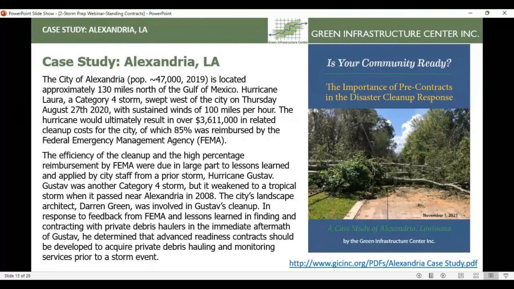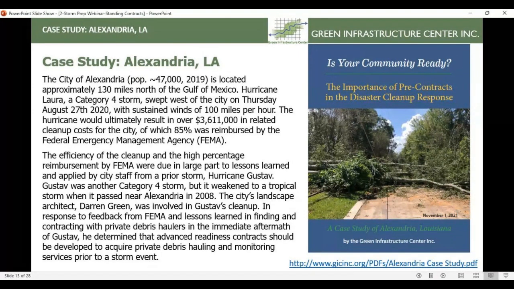As he mentioned, they're a community that's a little inland from the Gulf of Mexico, but they have been hit by multiple major Category 4 storms over the last 10 to 20 years. And Darren has been working with the city over that time period, and he's learned a lot between the different types of storms and the type of response that the city did during that time.